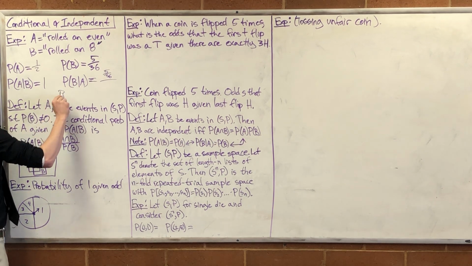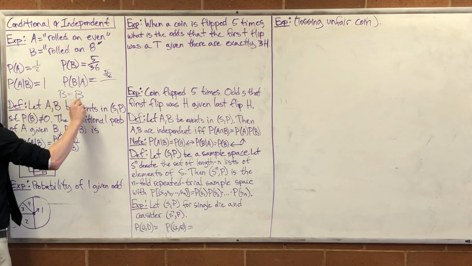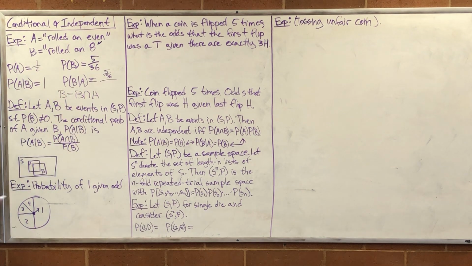B is equal to B intersect A is another way of saying that. So the probability of B and the probability of B intersect A are the same. B is, I rolled an 8. A is, I rolled an even. Take all my even rolls and intersect it with all my 8 rolls, and I'm left with all my 8 rolls.